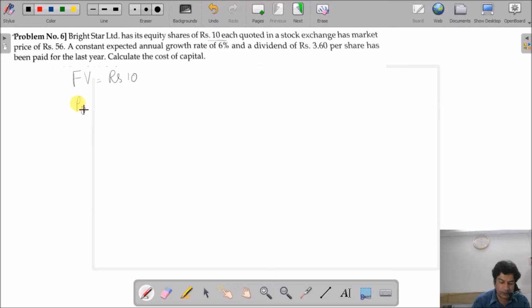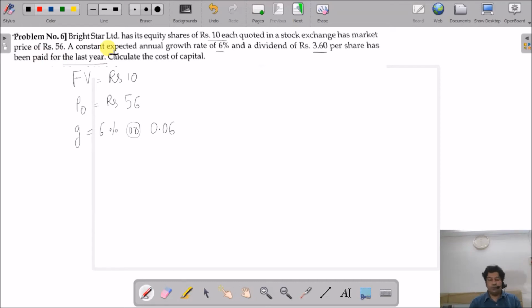So the market price is P0. So this is 56 rupees. A constant expected annual growth rate of 6%. So the growth rate is 6%, or you can take it as 0.06. And the dividend of 3.60 has been paid for the last year.